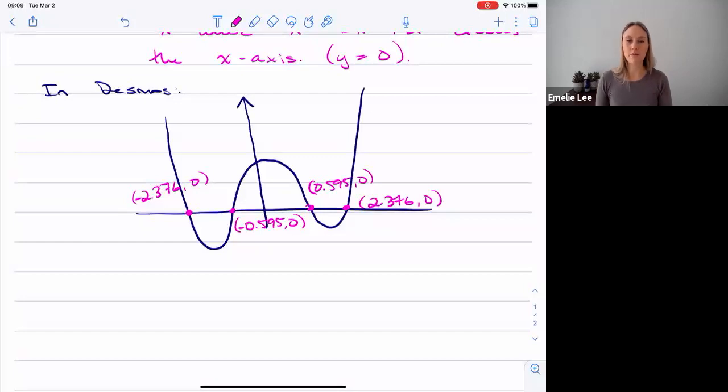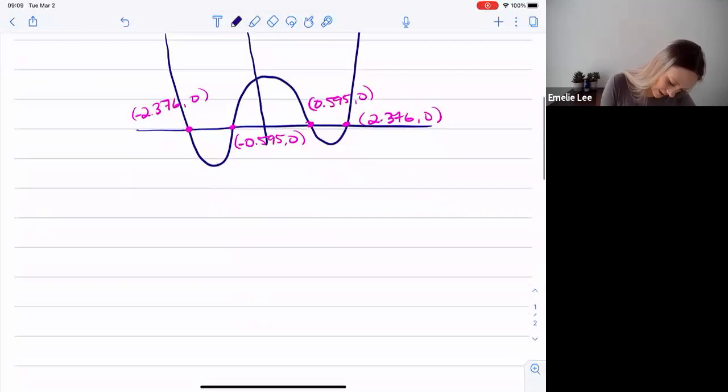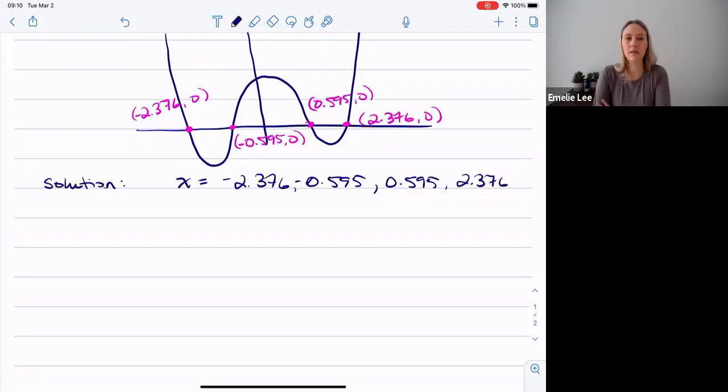Yeah, so all of these are the answers. So x is equal to negative 2.376, negative 0.595, positive 0.595, and 2.376.